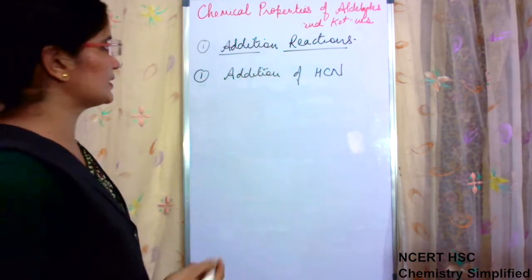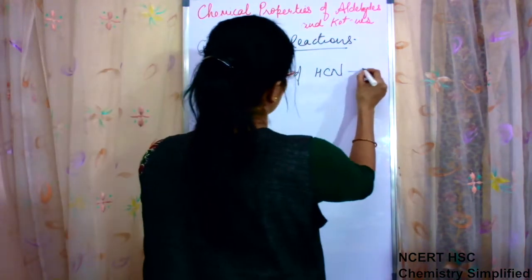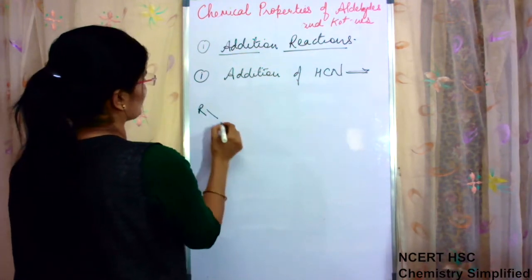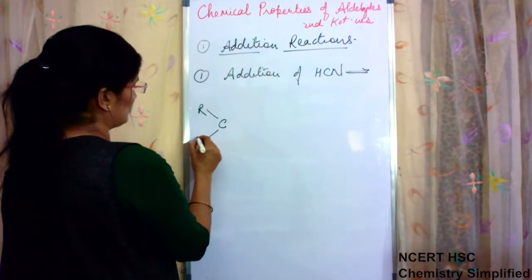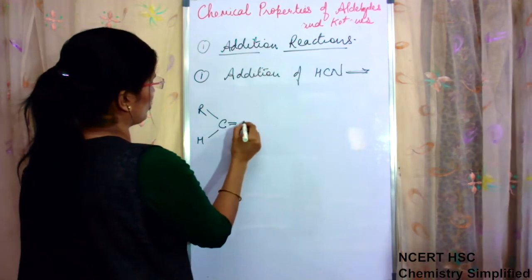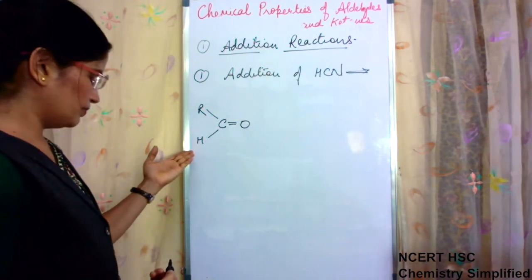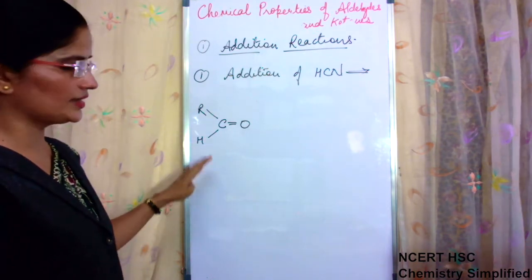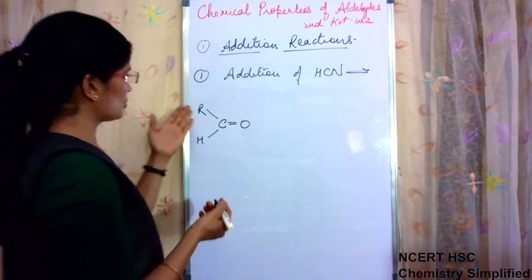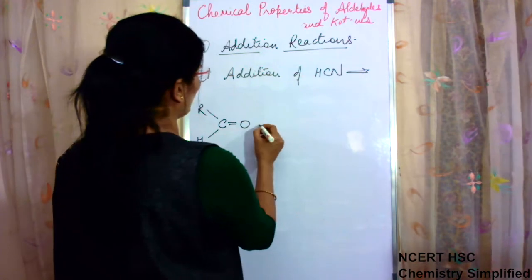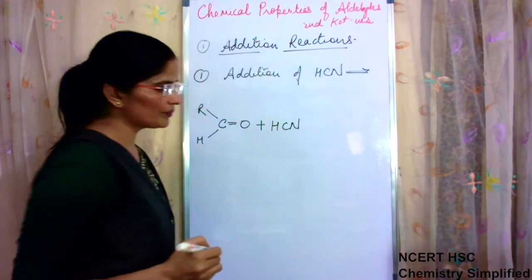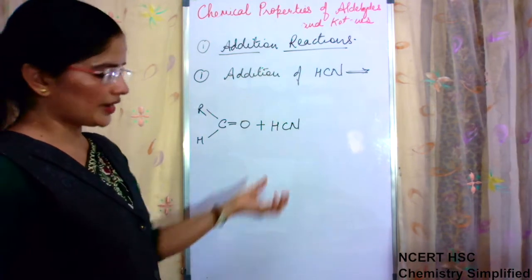Now focus on this: addition of HCN, hydrogen cyanide. What will happen? R, C, H, double bond O. We can write both here because these reactions are common for aldehyde and ketone. So R, C, H, double bond O, when HCN is added. Now pure HCN does not ionize easily.